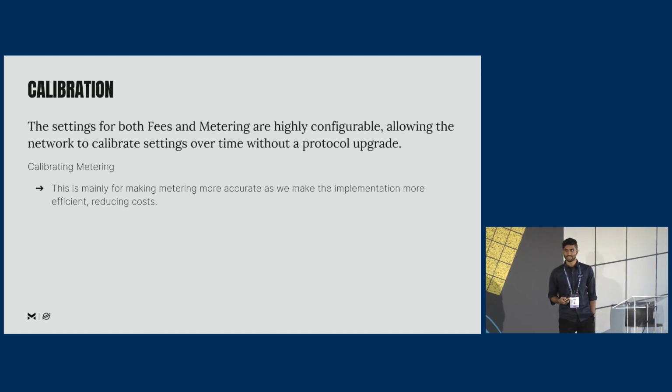So for example, say we optimize the VM instantiation code, and when we run the benchmark on a local machine, we see that the actual CPU spent dropped by, say, 30%. What we would do is deploy the optimization, and then through a validator vote, we would update the linear model, and this would reduce costs for the user.